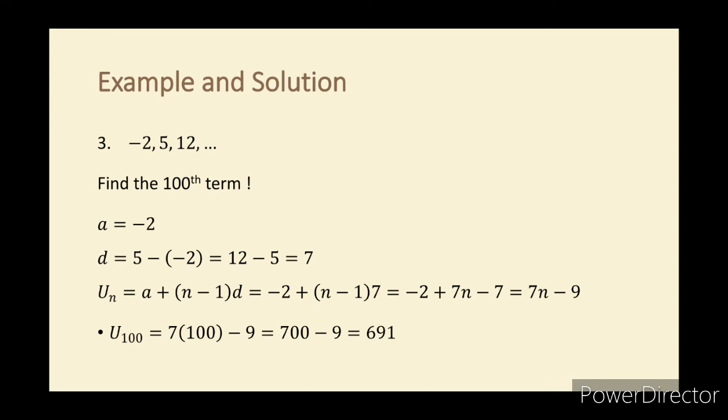So the answer: Un equals minus 2 plus (n minus 1) times 7 equals minus 2 plus 7n minus 7 equals 7n minus 9. The 100th term equals 7 times 100 minus 9 equals 700 minus 9 equals 691.